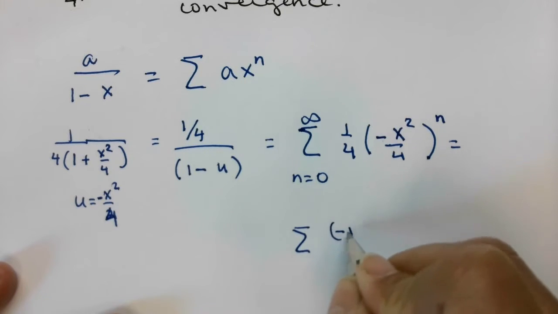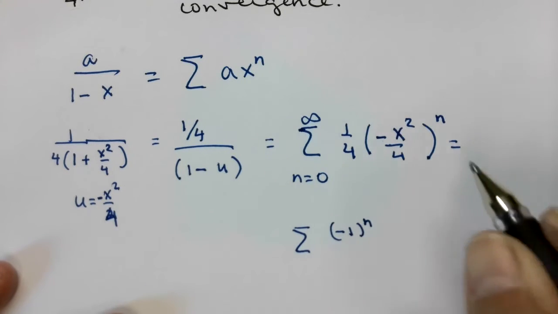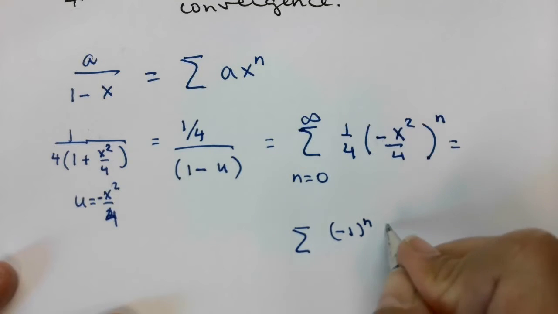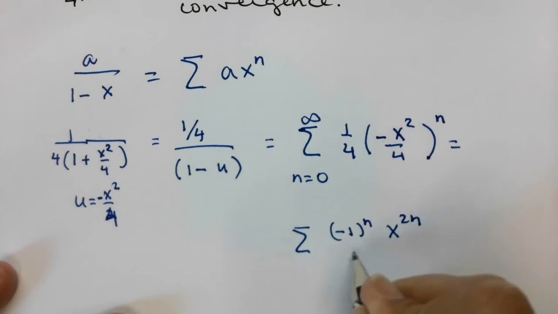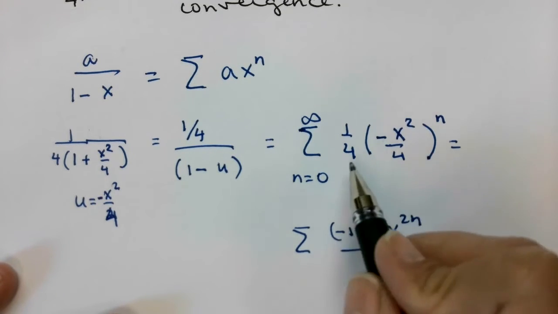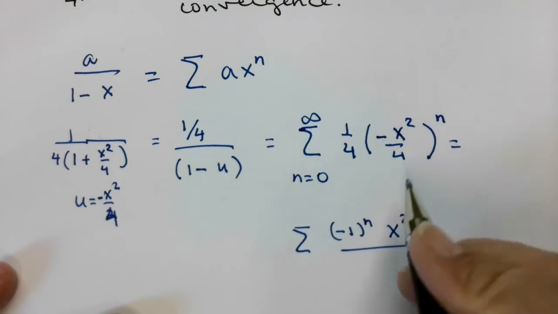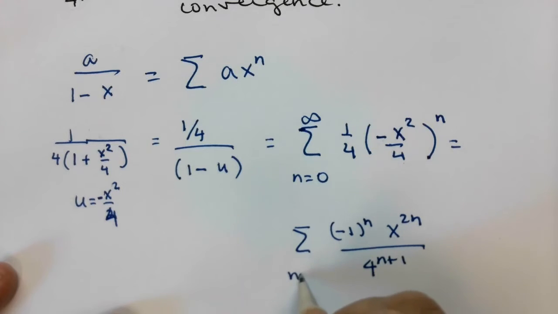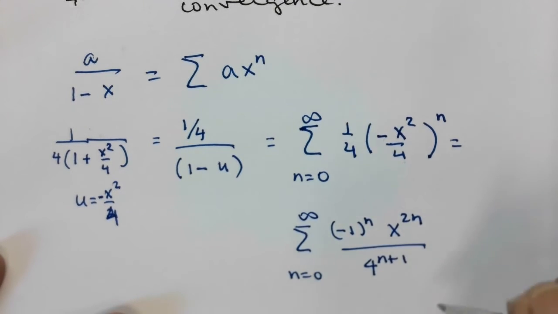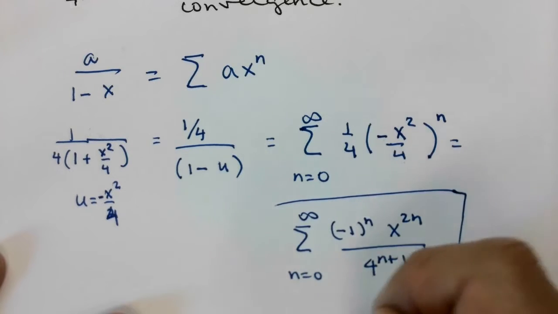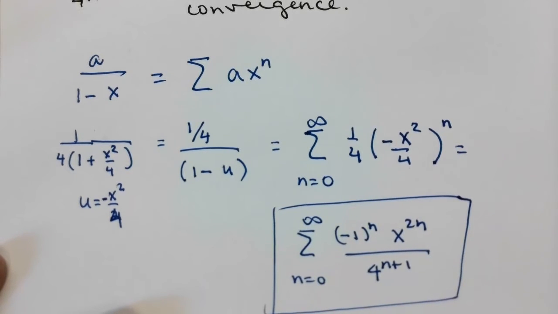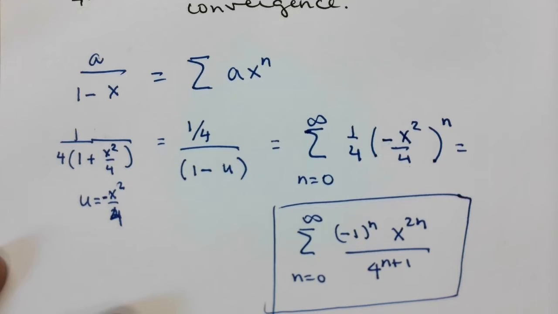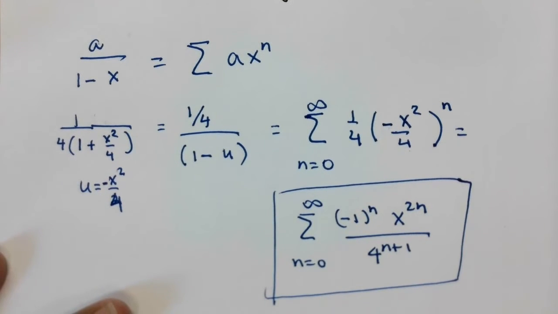I'm going to have the negative 1 to the n. Then I have x to the 2n. And then I have this 4, but I'm also going to have a 4 to the n, so that'll be a 4 to the n plus 1, with n equals 0 to infinity. Okay, so there is our power series expansion written in summation notation.